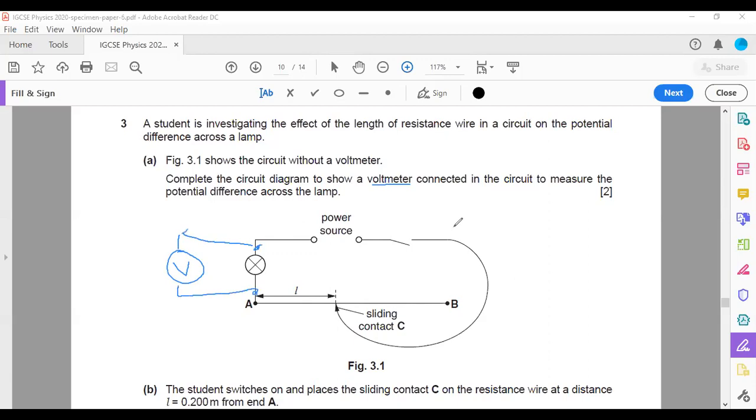So this is how it's supposed to be drawn, but neater than that though. So it must be across the bulb. The keyword is voltmeter. Voltmeter means it must be drawn in parallel, to measure the potential difference across the lamp.